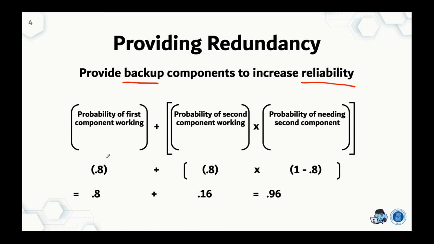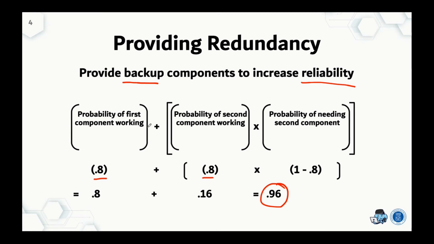For example, if we have a component having reliability 0.8 and it is backed up by a second component also having the same reliability 0.8, then in total the reliability will be 0.96. It's much higher than the probability of the component itself.